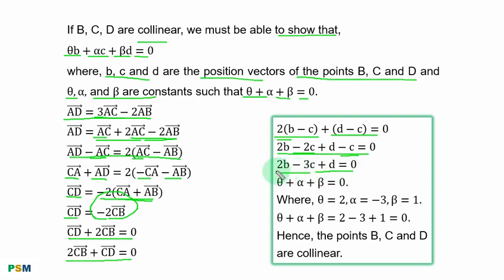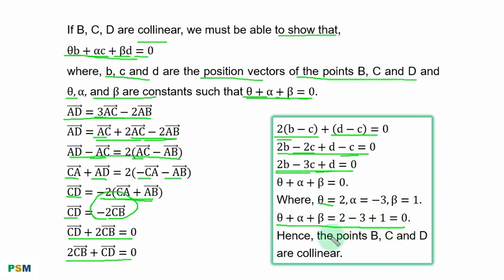We are trying to rearrange this to give us this. When you compare what you have here with this, notice that this expression is equal to 0, theta is equal to 2, coefficient of B. Alpha is equal to minus 3, coefficient of C. Beta is equal to 1, coefficient of D. When you add both, you have 0.